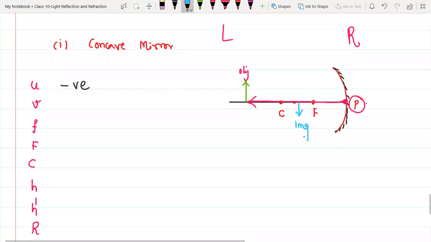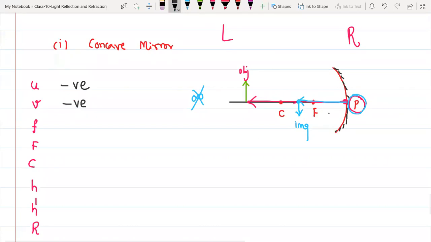Of course, for distance of the image, infinity you cannot take as reference point, because infinity means no value. Always reference point will be P only. From P only you will calculate the distance of the image. So distance of the image also will be negative in case of concave mirror.